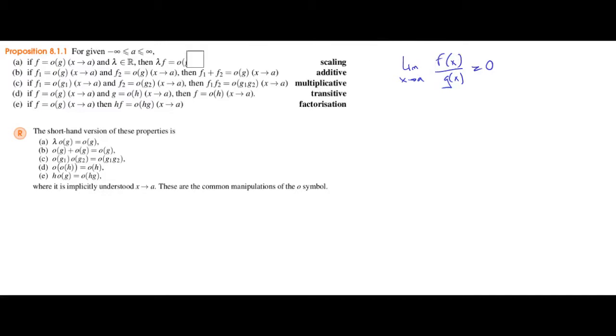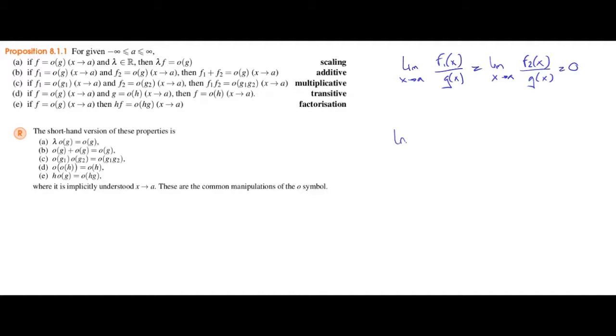Now, the second property is that this small o is additive, right? So if f1 and f2 are both small o of g as x goes to a, then the sum of them will also be small o of g, okay? So that means that the limit when x goes to a of each of them divided by g, right, is 0.